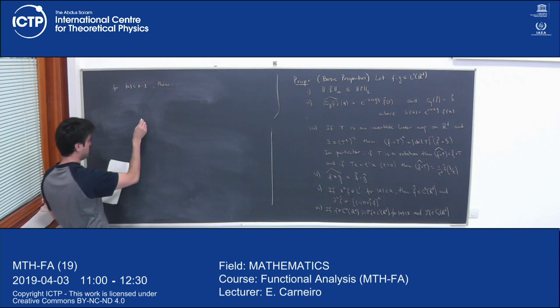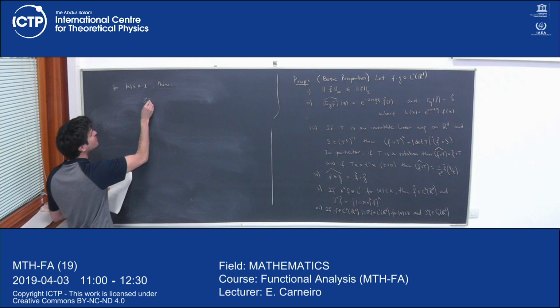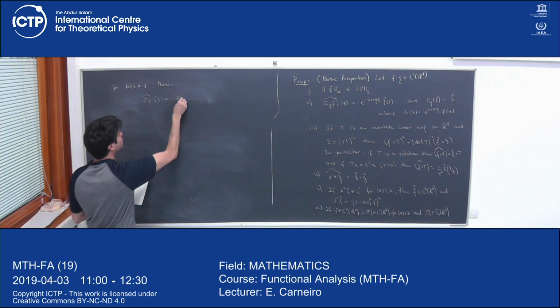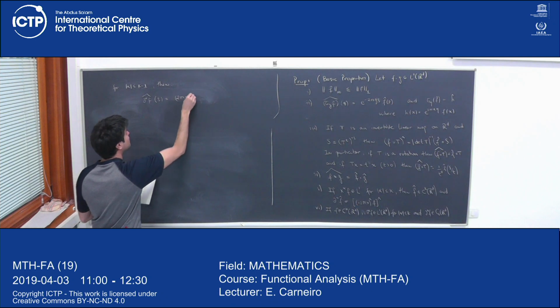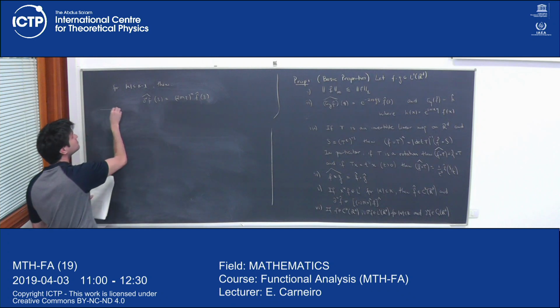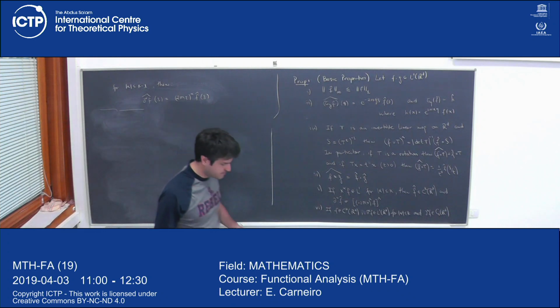And the Fourier transform of this guy is equal to 2 pi i ξ to the alpha f hat of ξ. Okay.